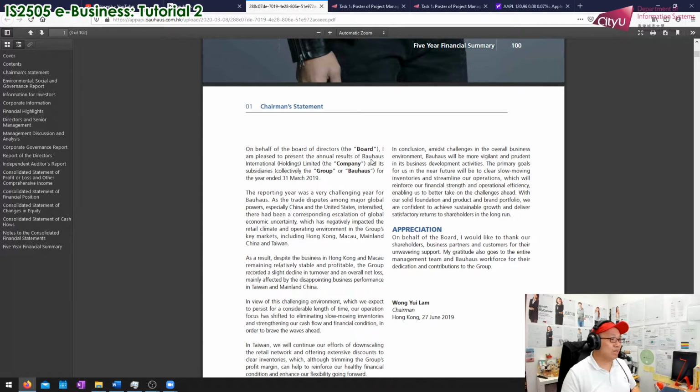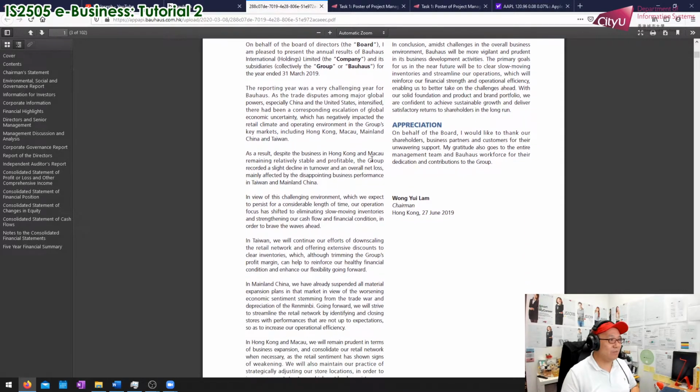Now usually they have a chairman's statement that tells you what is happening related to this company in this financial year. They will give you some overview related to what is happening in different markets. So say, for example, which has negatively impacted the retail climate and operating environment in the group's key markets, including Hong Kong, Macau, Mainland China, and Taiwan, something like that.